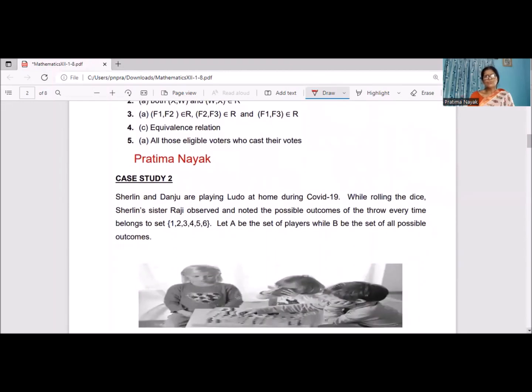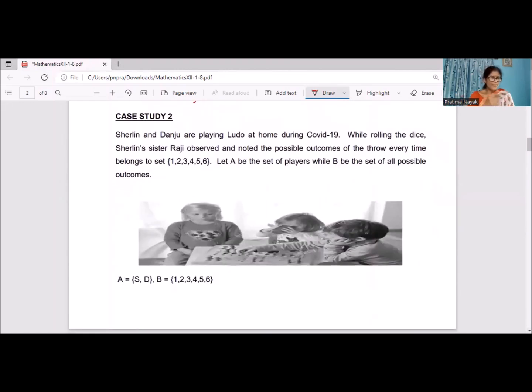Now coming to question number 2. It is not question number 2, it is case study 2. Sharlene and Danju are playing Ludo at home during COVID-19. While rolling the dice, Sharlene's sister Raji observed and noted the possible outcomes of the throw, every time belonging to the set 1, 2, 3, 4, 5, 6.